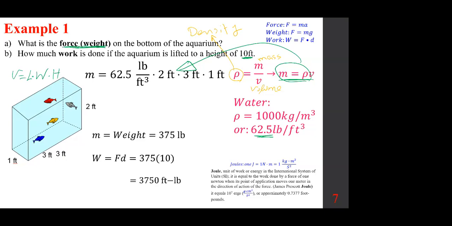The way we write the units for this one is just pounds. Is it in pounds? It's in feet. So we say foot pound. Foot pound. Okay, foot pound. That's how you write it.